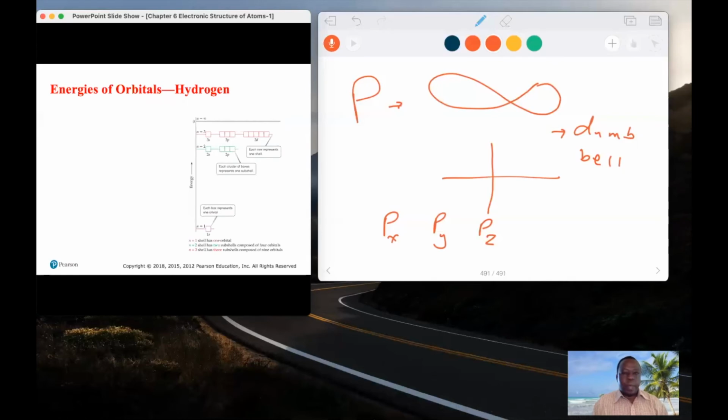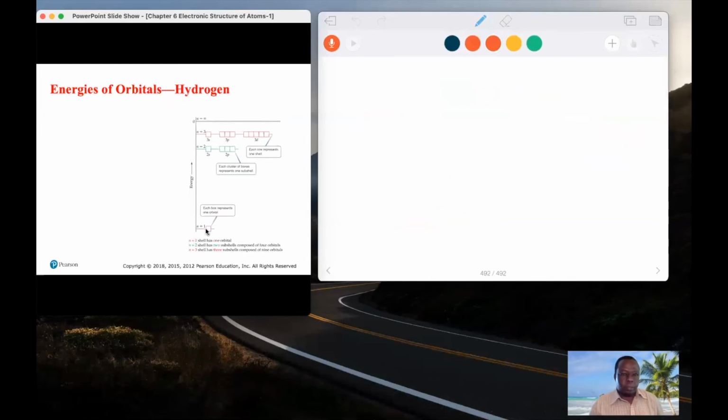Now, in preparation for electron configuration, this is the arrangement of sub-levels from the nucleus: energy level 1, energy level 2, energy level 3, all the way moving away from the nucleus. In energy level 1, we have 1 sub-level. In energy level 2, we have 2 sub-levels. In energy level 3, we have 3 sub-levels. In energy level 4, we have 4 sub-levels.